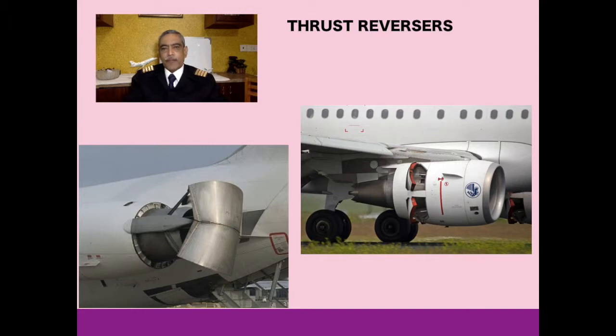Both the photographs I have shown. On one side, there is a bucket-like structure which is operated by the pilot with a lever, which will come out and stop the forward flow and in fact direct the flow of the jet exhaust in the opposite direction, providing thrust in the reverse direction, thereby giving a retarding effect.